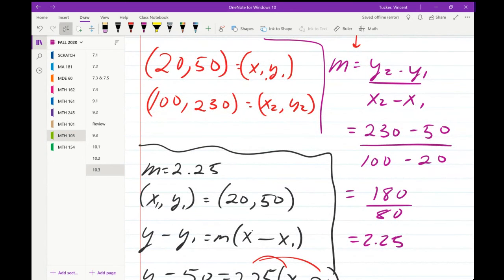Just because of the nature of the problem, I went ahead and divided it out and had 2.25 as my decimal. You didn't necessarily have to divide it out. You could have left it in fractional form if you like.